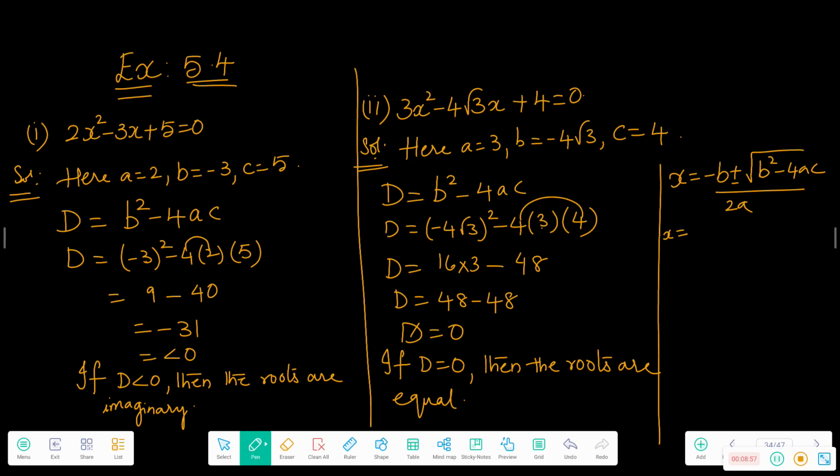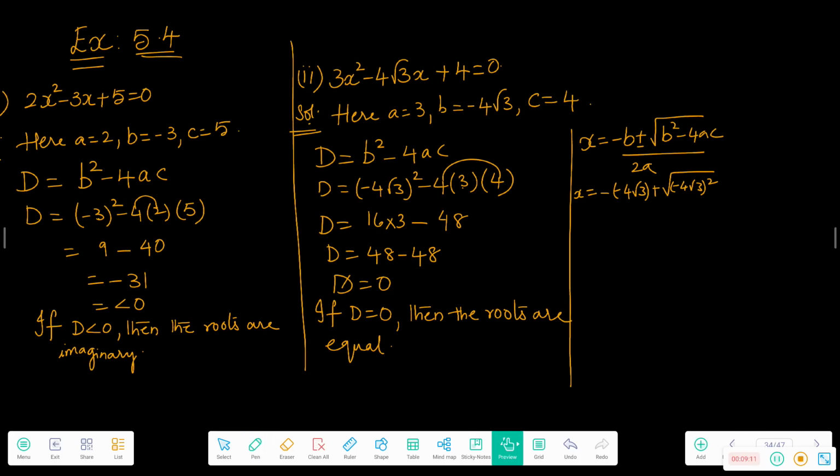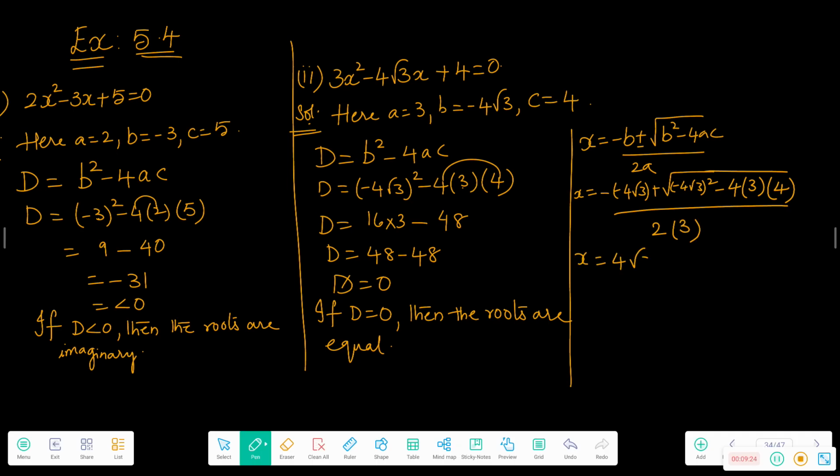So x is equal to minus b, so here b value is minus of minus 4 root 3 plus or minus under root of minus 4 root 3 whole square minus 4 into a value is 3 into c value is 4 by 2a. 2 times a is 6, so x is equal to 4 root 3 plus or minus under root of 48, 16 into 3, 48 minus 48 by 6.